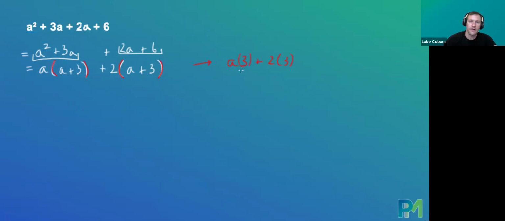So that would be 3 times a plus 2, because the 3 is a common factor in both. Well, between this term and this term, the a plus 3 is a common factor. And then we end up having this a plus 2 at the end, basically.